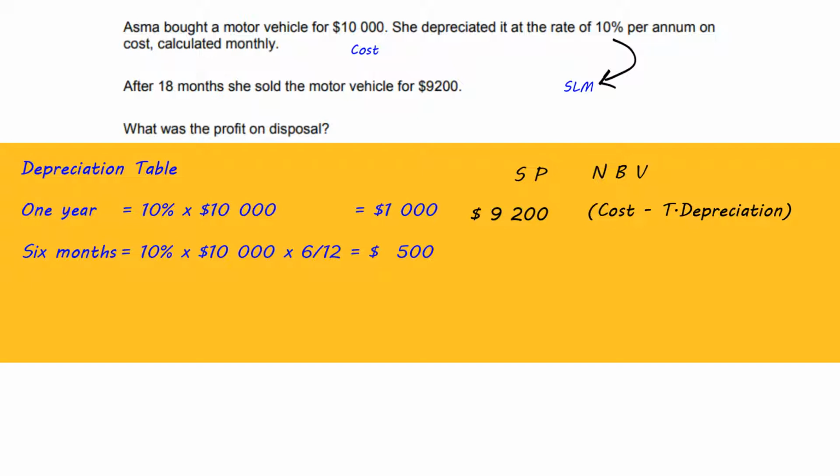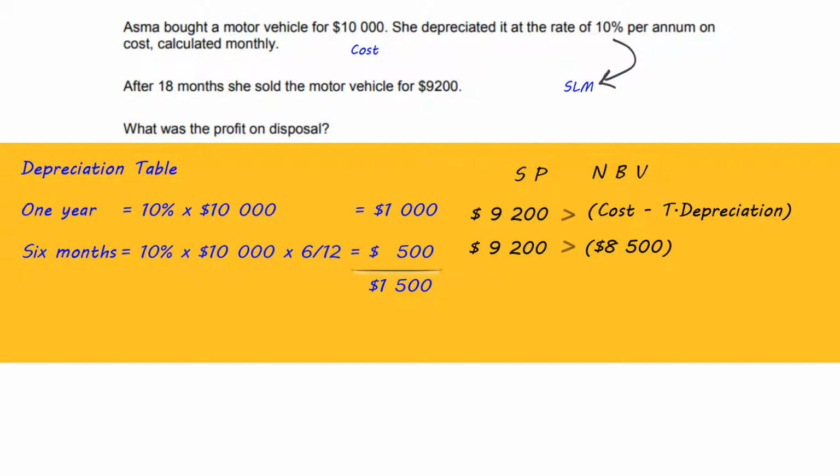So that should give us $500. So we know that total depreciation is 1,500. So using this information, we can figure out our net book value. The cost was 10,000. The total depreciation is 1,500. So the net book value should be 8,500.